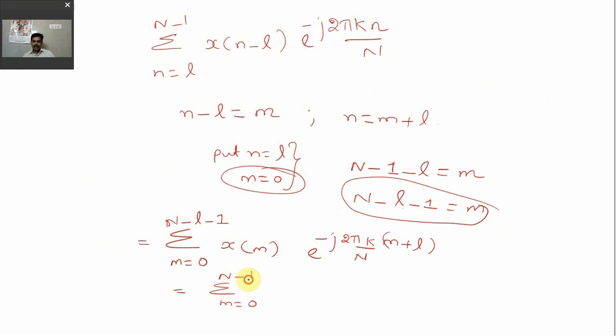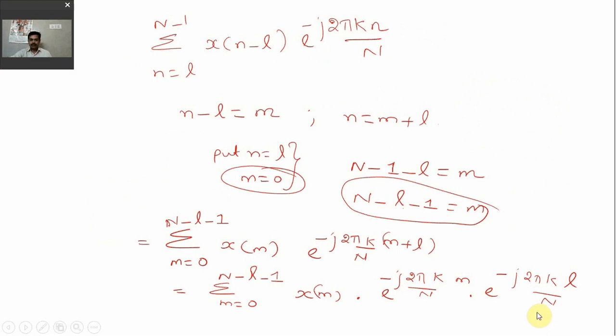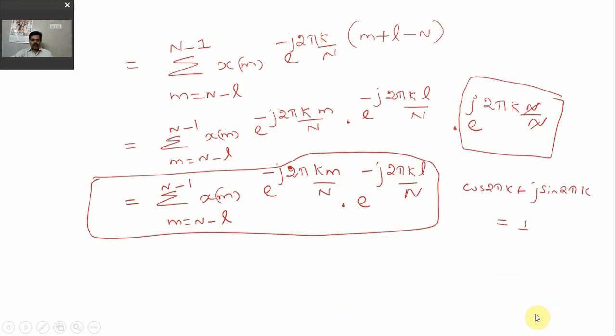So we are getting x of m into e to the power minus j 2 pi k by n into m into e to the power minus j 2 pi k L by n. Now we are going to combine the first and the second term. So what is the first term? m is equal to summation of m is equal to n minus L to n minus 1.